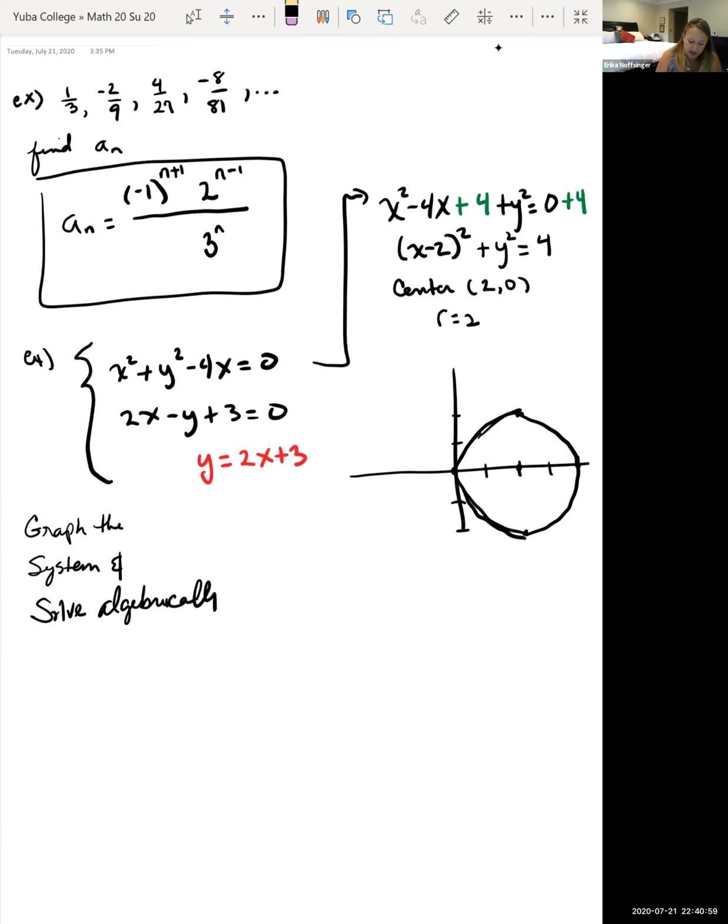So I can see that we have a y-intercept at 3, and our slope is 2, or 2 over 1. So if I go down 2, I would go over 1 to the left.